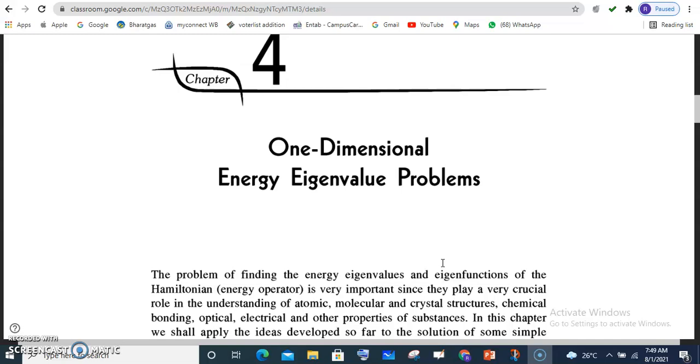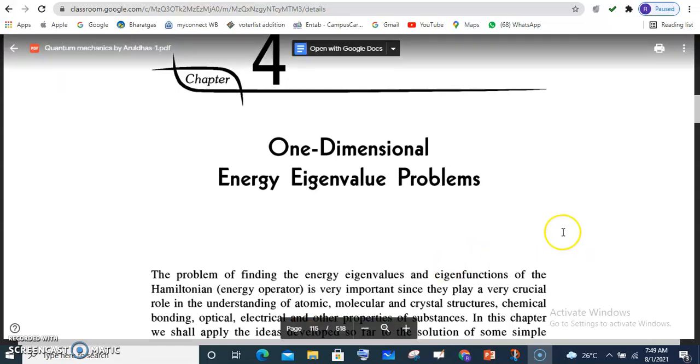So once we have finalized the form of the Schrödinger equation, you have to understand that the term that varies with different systems or different examples is the Hamiltonian.